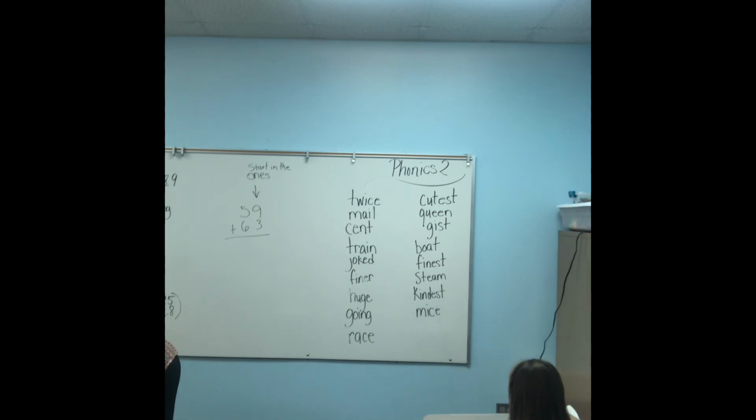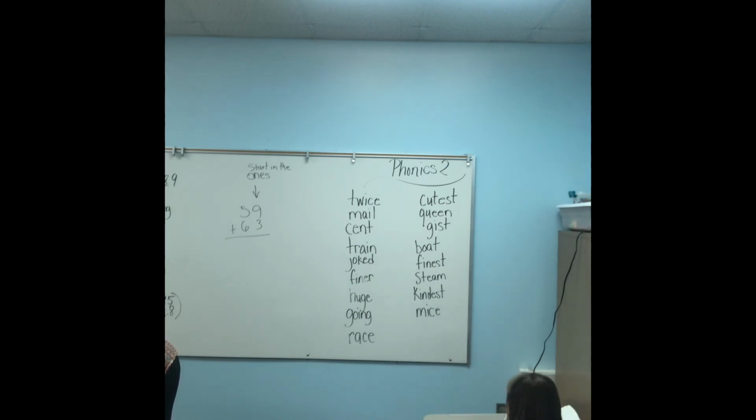If we add 5 plus 4 together, what do we get? 1, 2, 3, 4, 5. 5 plus 4, count those. 10. So what goes down here? Does 9 have any tens to carry?